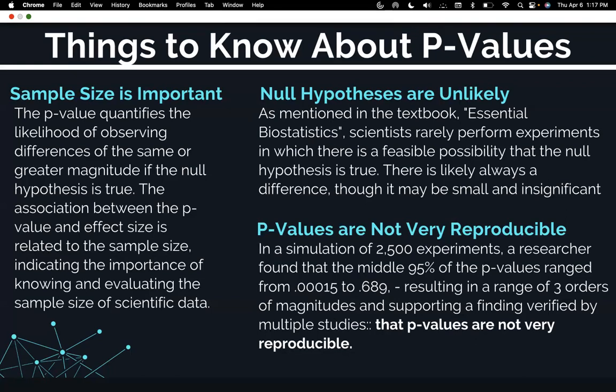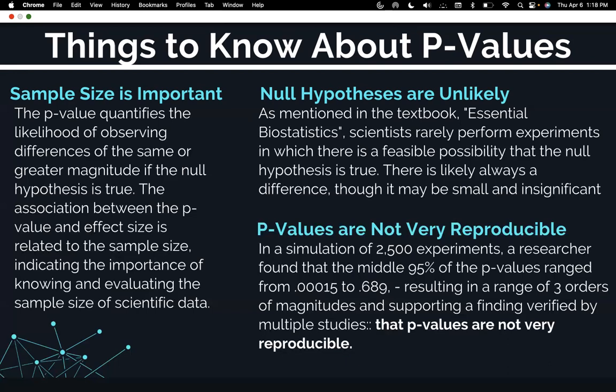Another important thing to note is that p-values are not very reproducible. In a simulation of 2,500 experiments, the researcher found that the middle 95% of those p-values ranged from 0.00015 to 0.689, which is a range of 3 orders of magnitude and a variety of different assumptions and conclusions about the hypotheses.